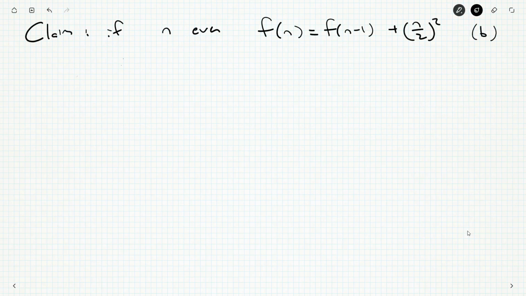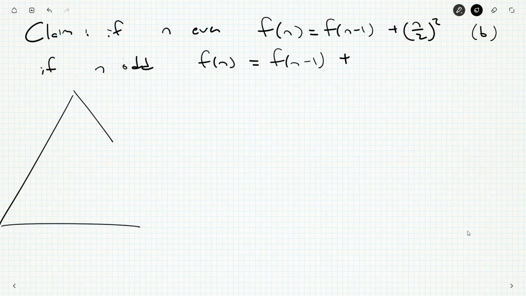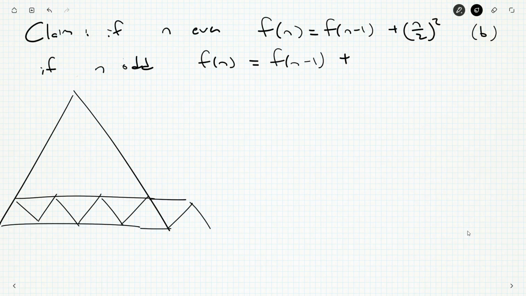This was done by part B. Okay, this is exactly what B says. If n is odd, F n is F n minus 1 plus something that I'm about to figure out. So we do the exact same reasoning that we did before. 1, 2, 3, 4, 5, 6. I need another row. 7.